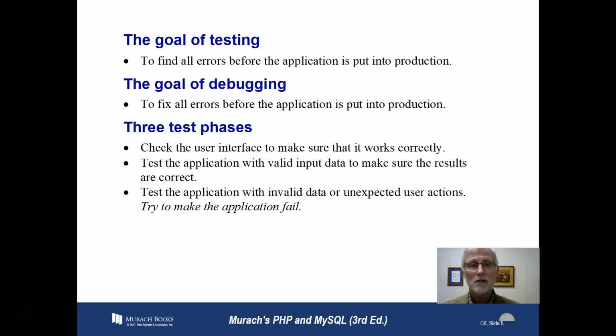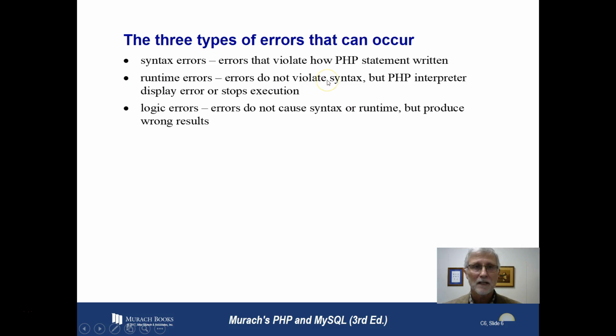But then you want to say, what happens if I put in special characters? Or I want to try to break it, where somebody could put in a price that's outside of a range that'll store in the database, or a quantity that's not realistic. So you want to try to make the application fail.